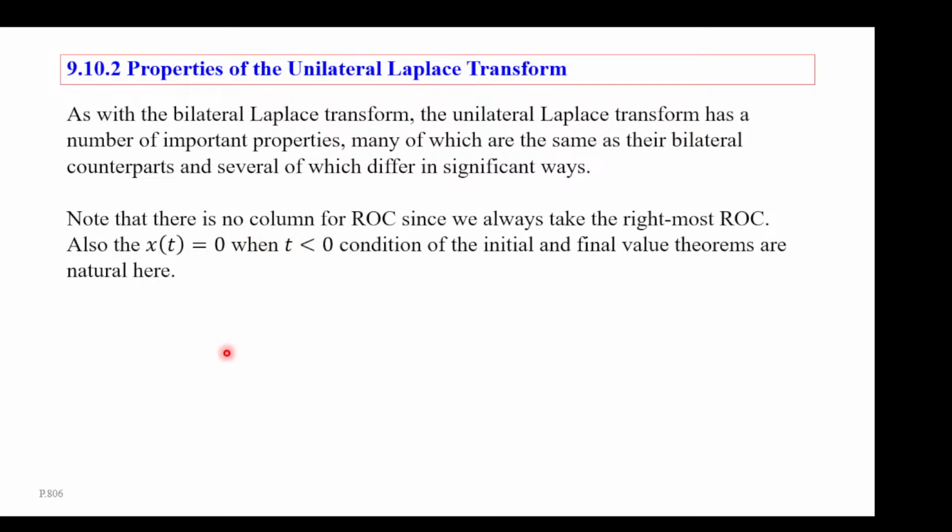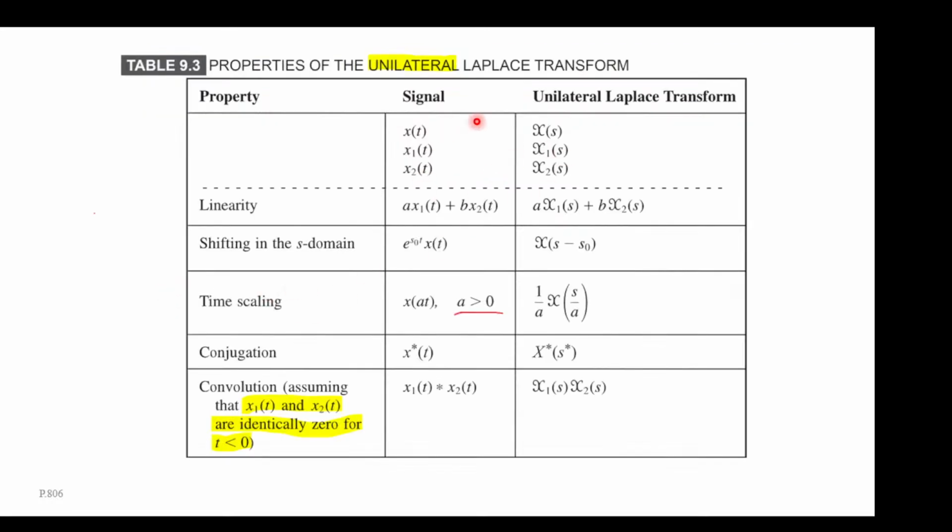And we also see the initial and final value theorems are more natural here, because we had this requirement that x of t is 0 when t is less than 0 for the initial and final value theorems. But for now, every x of t will be equal to 0 for t less than 0.